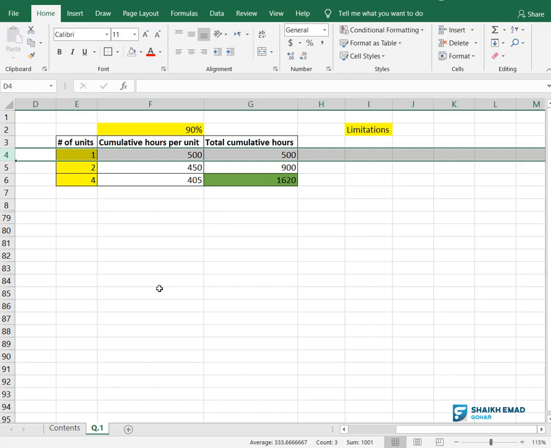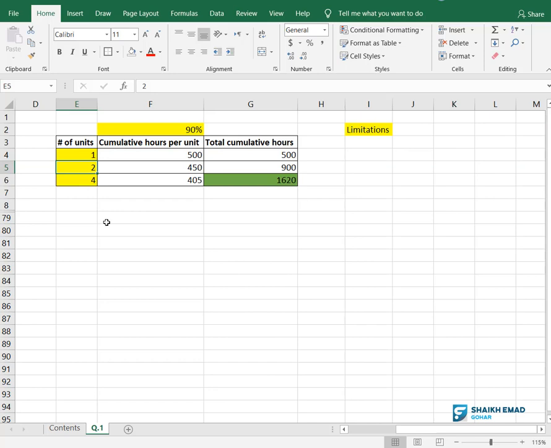In learning curve, there is an assumption that every time when the unit will double, learning curve will happen. Okay, this concept is based around this assumption. Again, what is the assumption? Whenever units will double, learning curve will happen. If you see here what I have done, below 1 what I wrote? 2. Because 1 2s are 2. Then you see I didn't write 3.